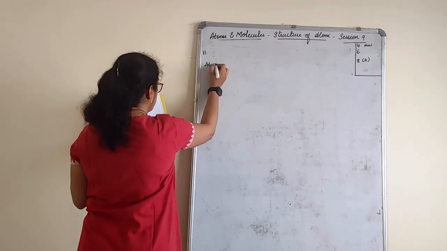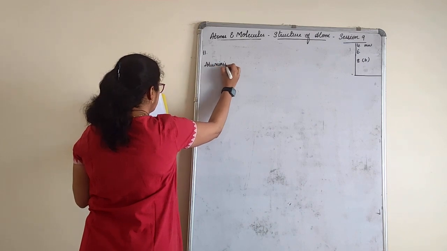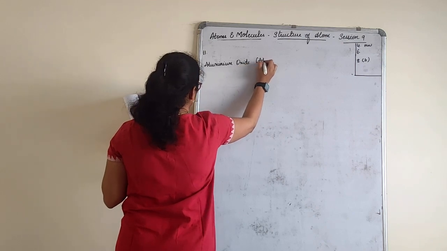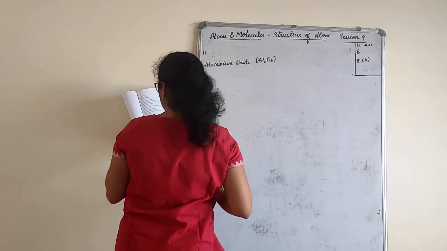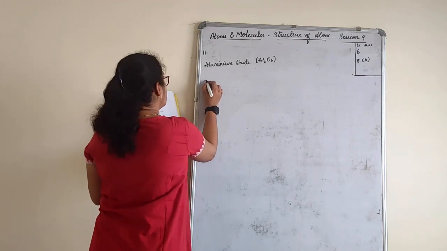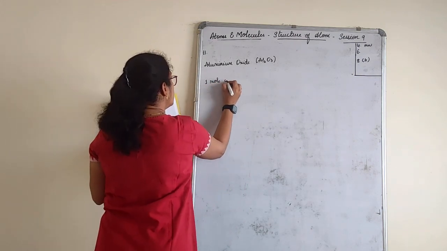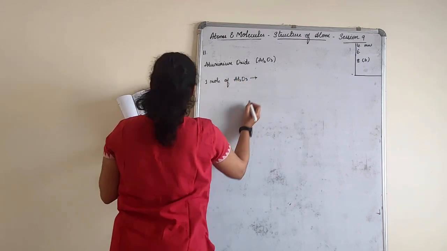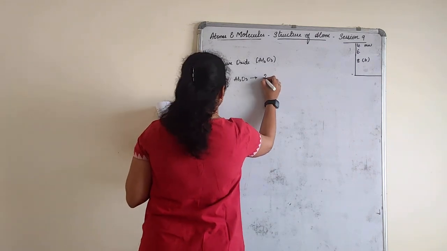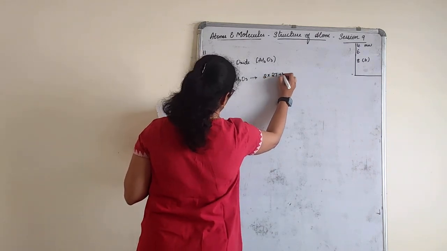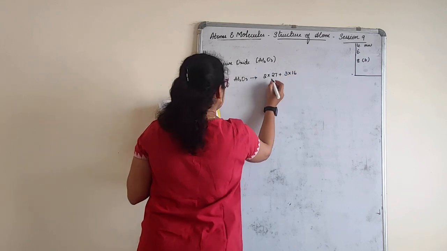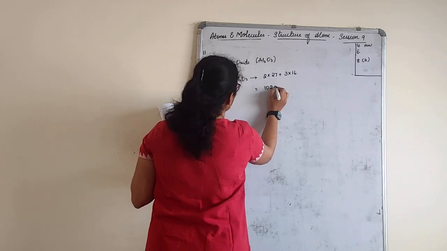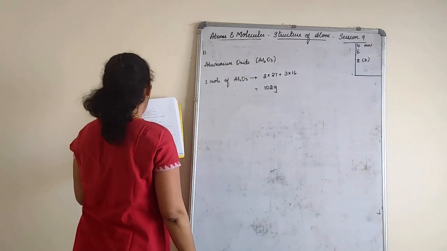First of all, aluminium oxide. If you know the direct formula, write. Otherwise, Al2O3. Otherwise, calculate and write. So, 1 mole of Al2O3 contains how many grams? Let us check. So 2 into 27 plus 3 into 16, which is nothing but totally how much you get? 102 grams. 1 mole of aluminium oxide contains 102 grams.